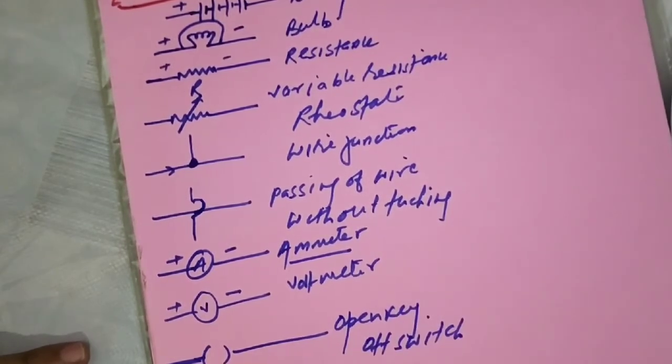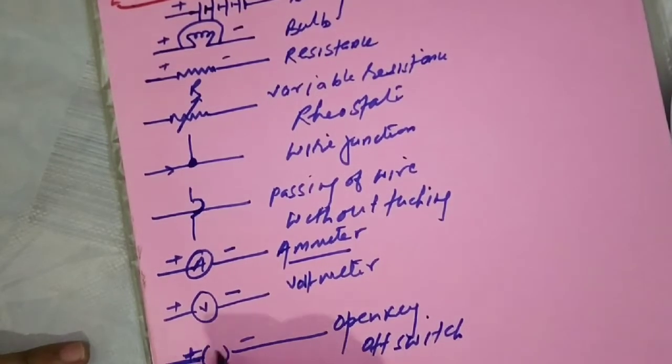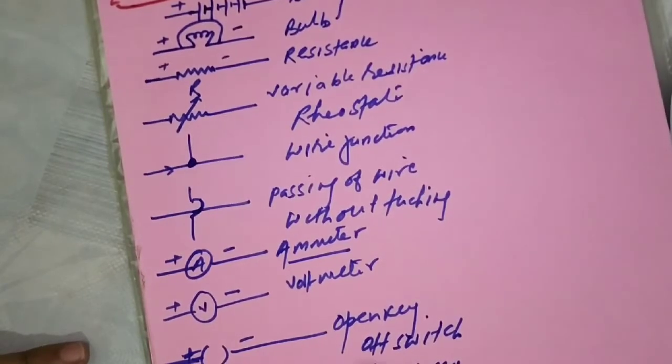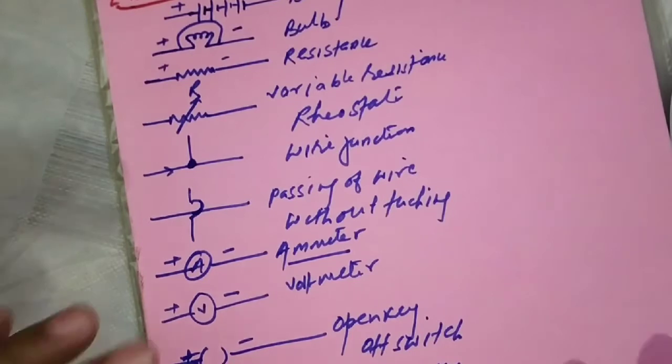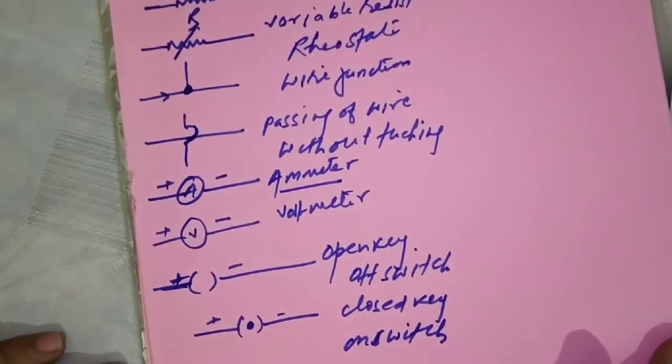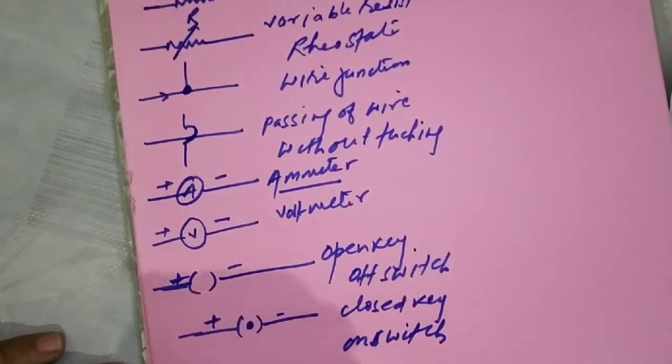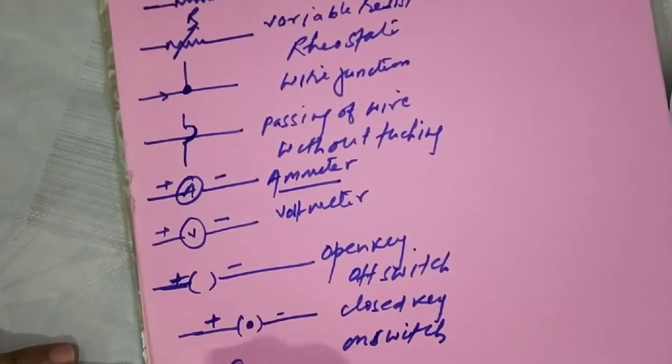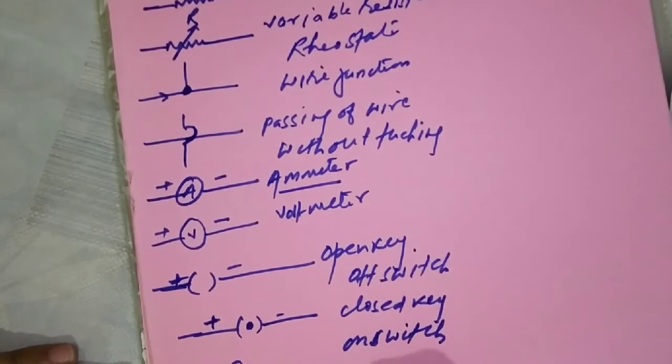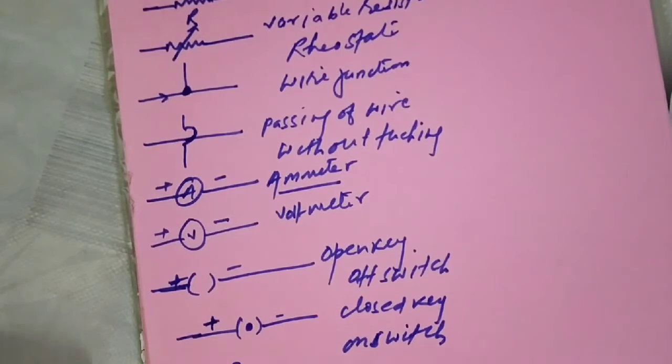This is a closed key, or on switch. So these are some of the symbols used in electricity at the level of 10th class, and we also have one more meter, called the galvanometer. This is the galvanometer. So these are the symbols we use.